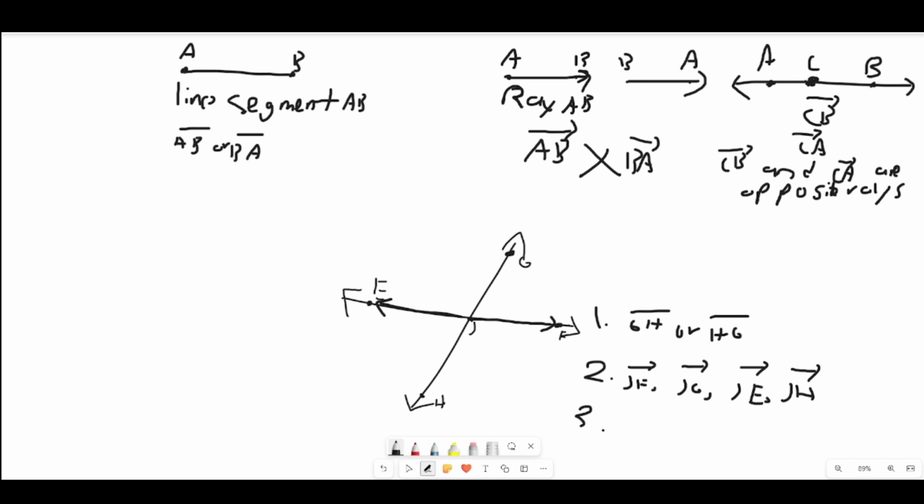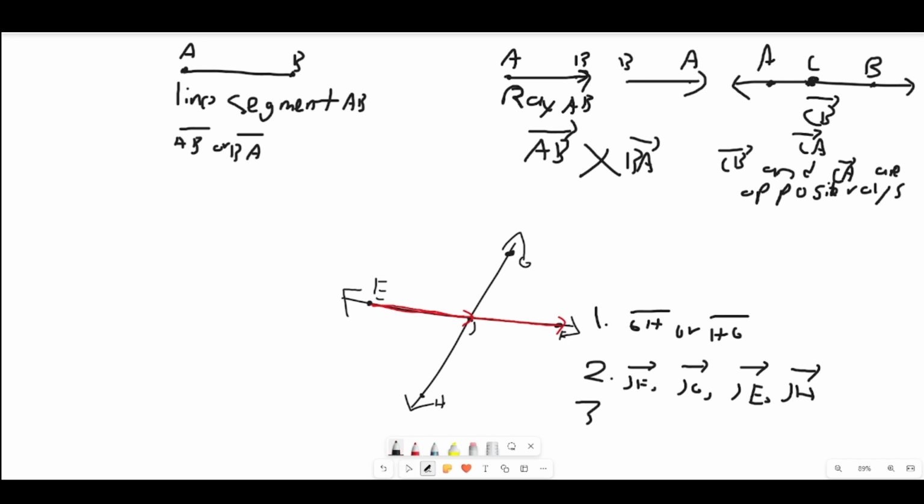So another name for the ray EJ would be ray EF. Because if we look at it, if we could just get rid of all the little extra things I drew, I'll just use red here, right? EJ to here, this is a ray. And since this goes on forever, it would also go to EF, which means these are in fact the same ray.